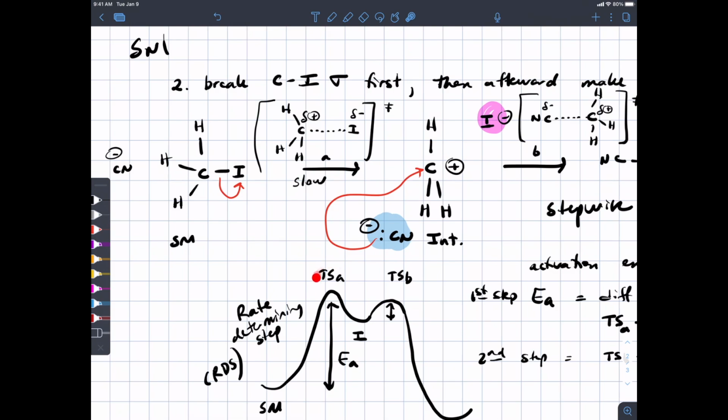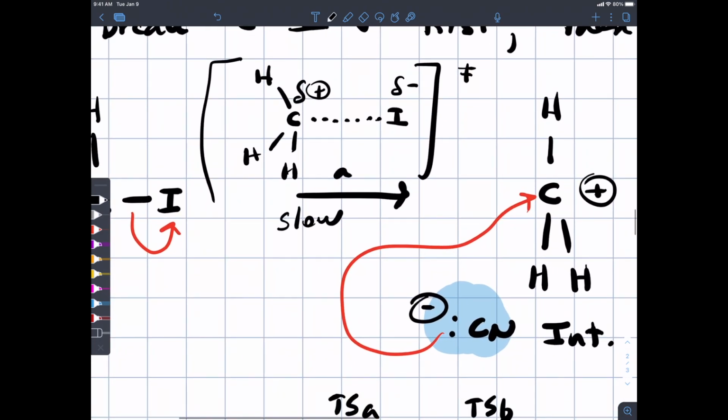And we will see that transition state A is much closer in energy to the intermediate than it is to the starting material. And what that tells you is that transition state A is very much like a carbocation.